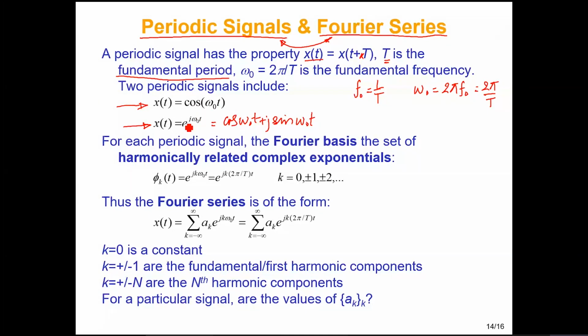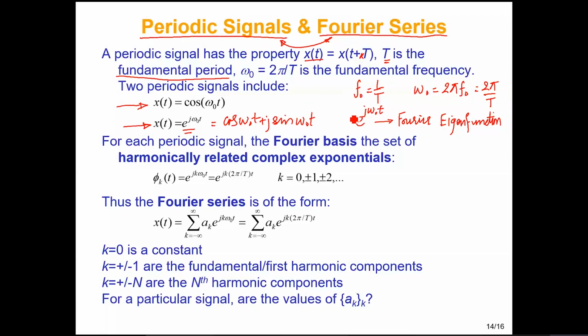And this complex exponential, e raised to the power of j omega naught t, is the one that Fourier gave us. This is the Fourier eigenfunction, the eigenfunction that Fourier identified. This eigenfunction is also a basis function because it can be used as a building block for periodic signals.